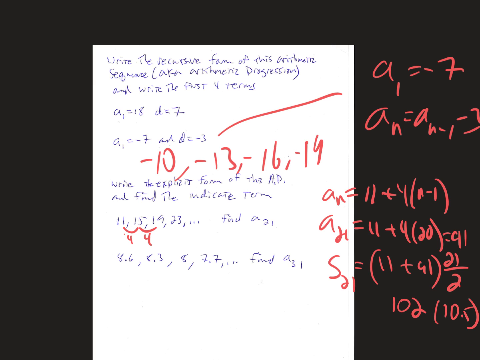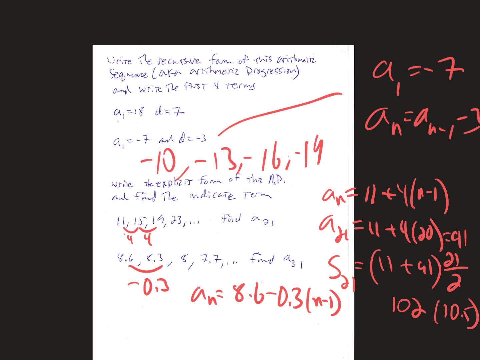Then for this next one, you can stop it if you want. I'll continue. I see that I'm subtracting 0.3 each time. So the explicit formula is a sub n equals 8.6 minus, or plus, I guess you could write it plus or minus if you wanted to, 0.3 again, not 0.2, times n minus 1.